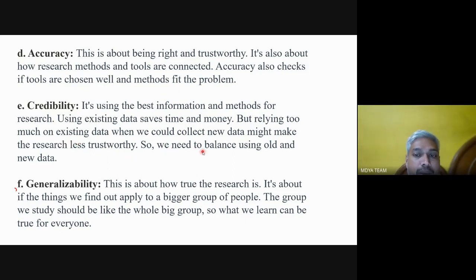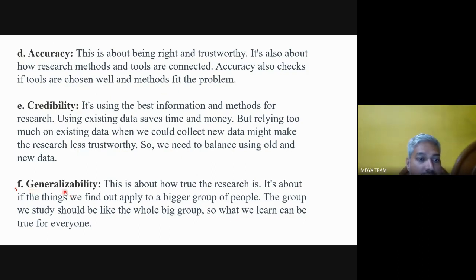So we need to balance using old and new data. By balancing our data in a research, and using the best information and best methods, it shows that it is trustworthy. In this way, a characteristic of research is credibility, right?